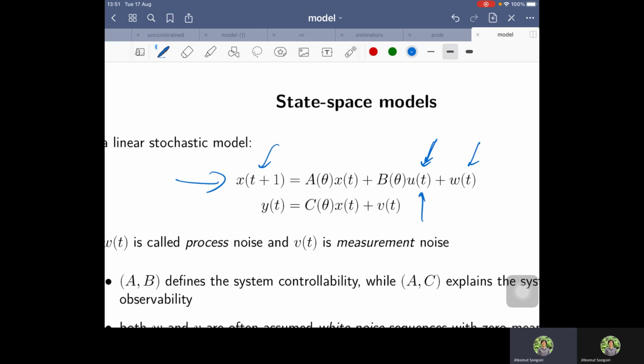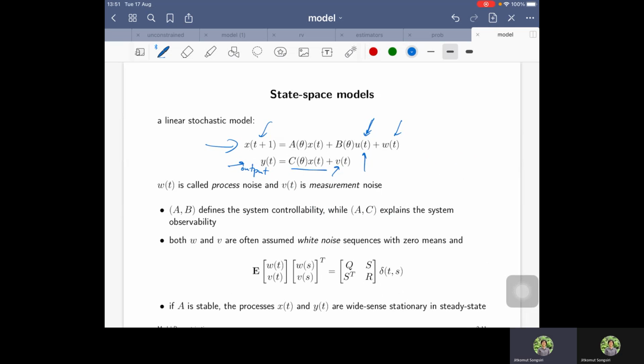WT here we call the process noise. The output equation is a linear function of the state variable, and you have the measurement noise. So from the linear control system theory, we have this well-known property that usually we call a group of these matrices system matrices.